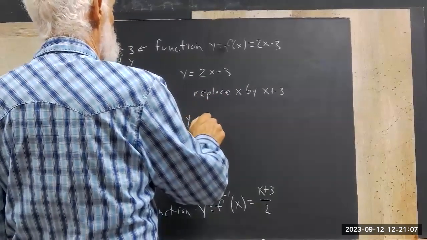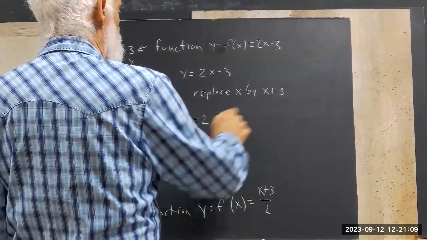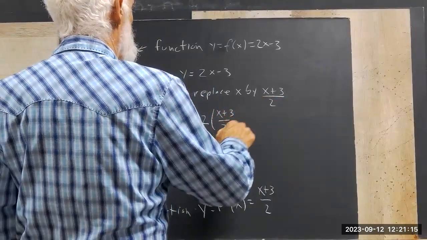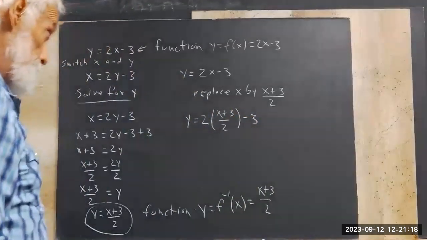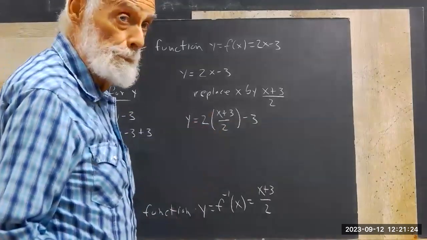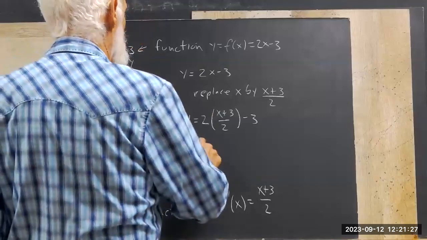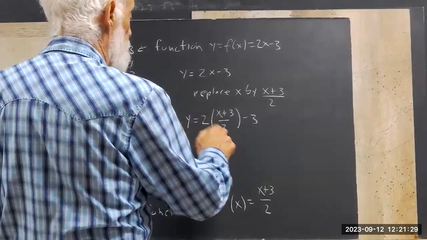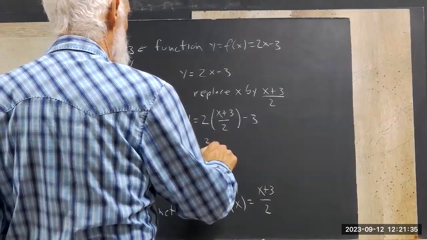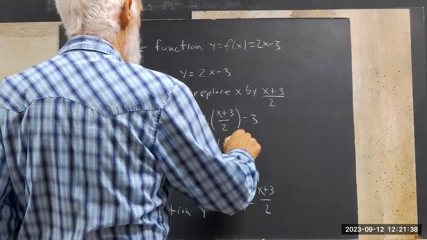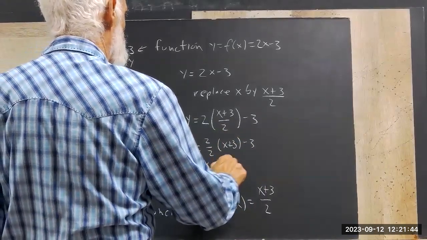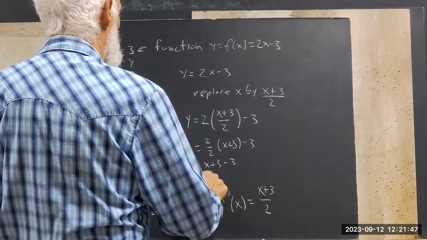You get y equals 2 times x plus 3 over 2 minus 3. Now, can we simplify this? Well, yeah. This 2 is divided by this 2 clearly. And I'll actually write it out like this, so that y equals x plus 3 minus 3, so that y equals x.